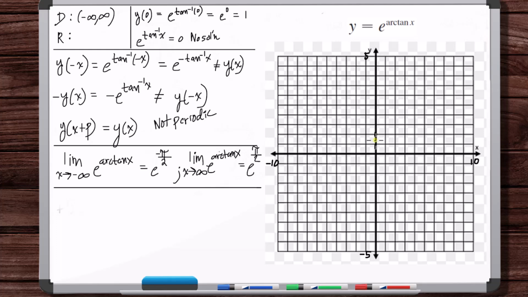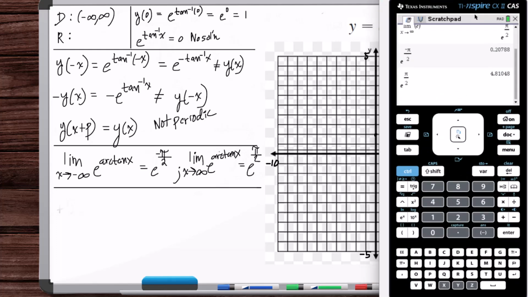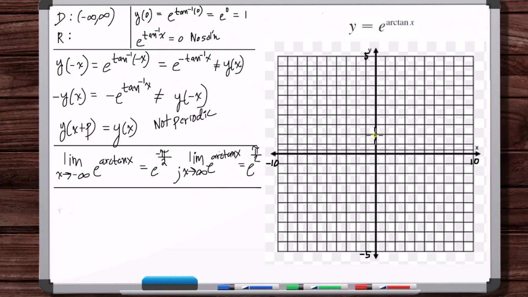Okay, 0.21, so this is 0.5, 0.25, so right in this region here. Okay, and now 4.8. So 1, 2, 3, 4, 4.5, 4.75. So right at the top here. There's the two horizontal asymptotes.